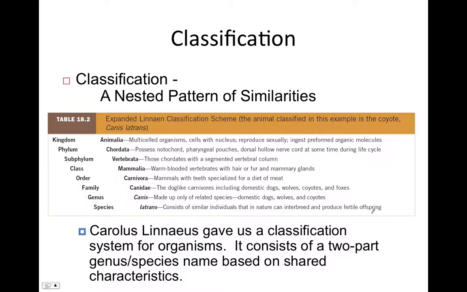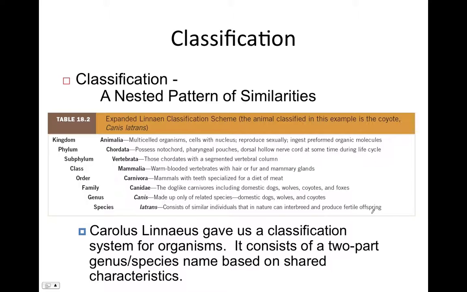What it means to produce fertile offspring is that if two organisms sexually reproduce, their offspring itself can sexually reproduce. It can have its own babies. But if two organisms that are not from the same species reproduce, which typically doesn't happen in nature, but people sometimes facilitate it in captivity, like a lion and a tiger producing what's known as a liger, that's a hybrid.